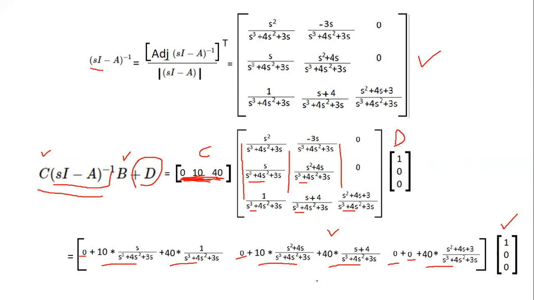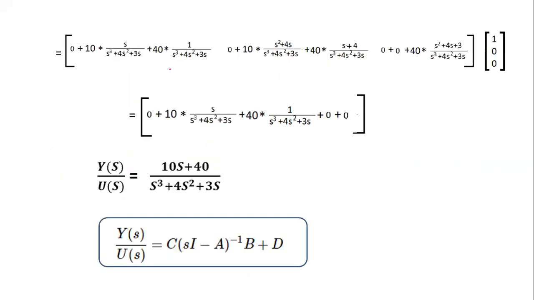So now this matrix is there, and this row we need to multiply with this column. The first term into 1 means 0, plus 10 into this term, plus 40 into 1.